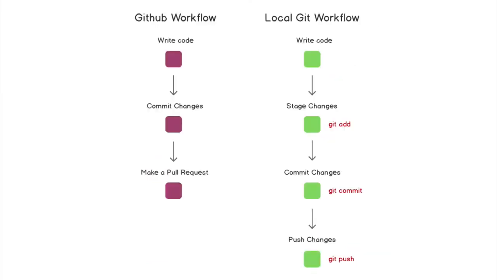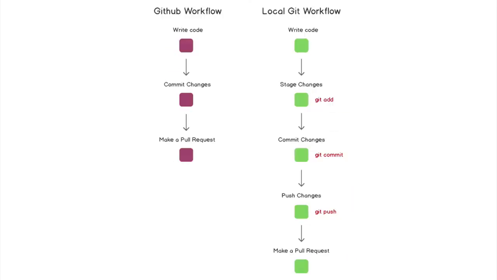And then we pushed them to the remote repository on GitHub using the git push command. And that updated the code in the GitHub repository with our changes that were made locally. And then just like before, if we didn't have access rights or we needed a code review before we merged changes in, we'd need to make a pull request.